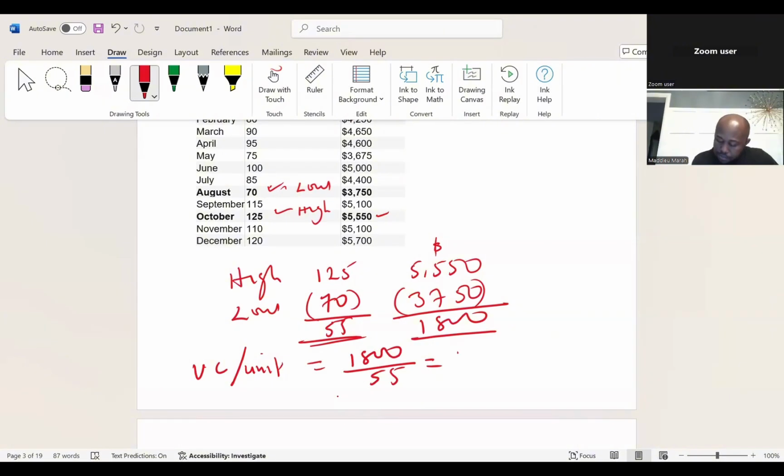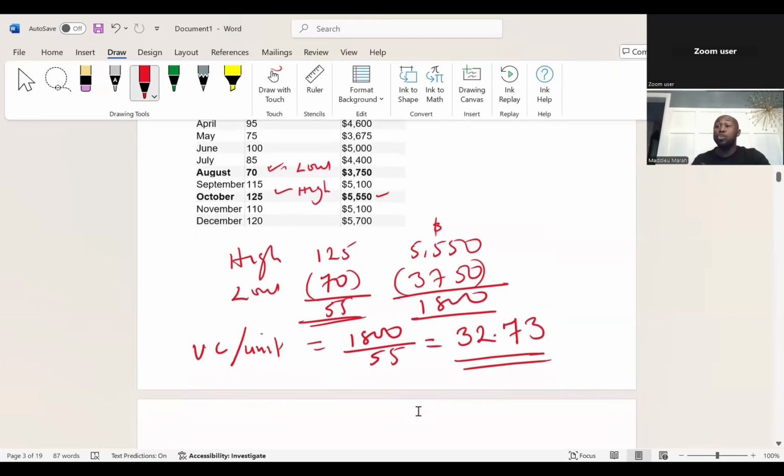This is 32.73. These are variable cost per unit. This is my third step. Variable cost per unit: take the total cost, divide by the unit activity. That gives me variable cost per unit.